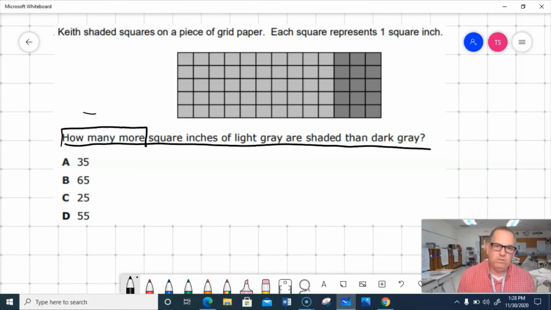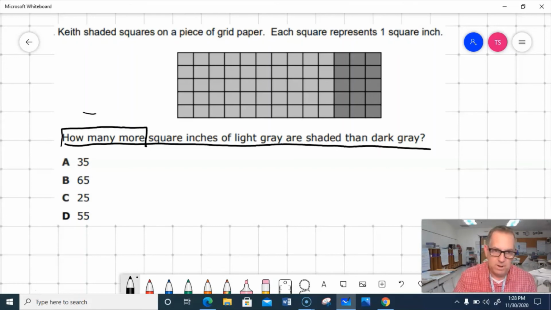So what's the first thing I need to do on this problem? Yeah, that's correct. The first thing I'm going to do is figure out how many are shaded light gray. What math problem could I use to figure that out?